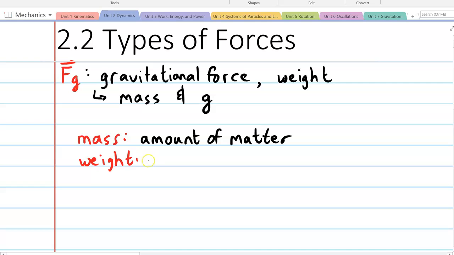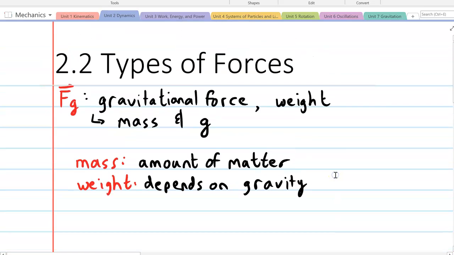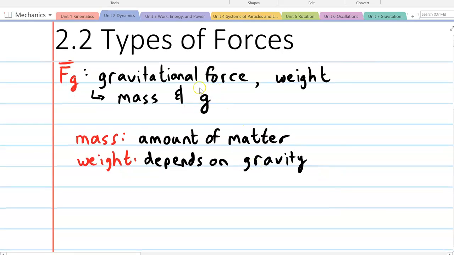However, weight depends on gravity. On Earth it's 9.81 meters per second squared, but on the moon it's a little bit less. So you have a different weight on the moon than you do on Earth, but you have the same mass on Earth as you do on the moon. That's because of whatever g is on that planet or body you're on. We'll talk more about g and the gravitational force in the gravitation unit, but this is just an introduction.